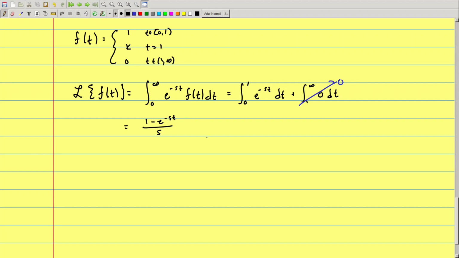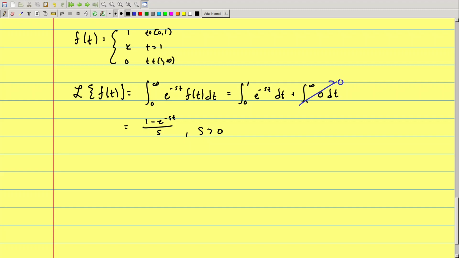Now, I wrote them in the opposite order because of the minus sign. So that's why it's 1 minus e to the minus s over s, instead of negative e to the minus s plus 1 over negative s, which may be what you get the first time you write it down. And of course, we require that s be some positive value. Okay?